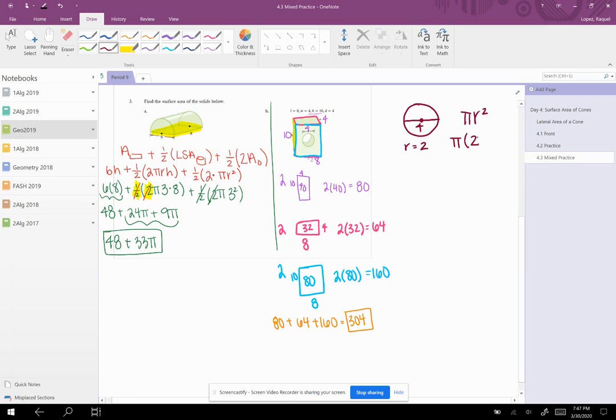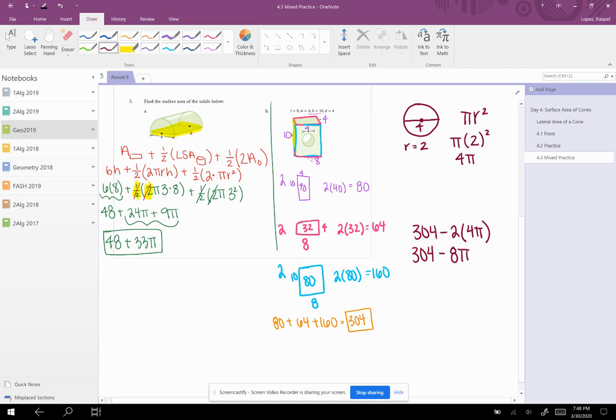So pi times 2 squared, so that's 4 pi. So they cut out from both of these faces a circle. So there's 2 of those, so there's really 2 circles. So I have 304 minus 2 times 4 pi, because again, those are 2 circles. So I have really 304 minus 8 pi.